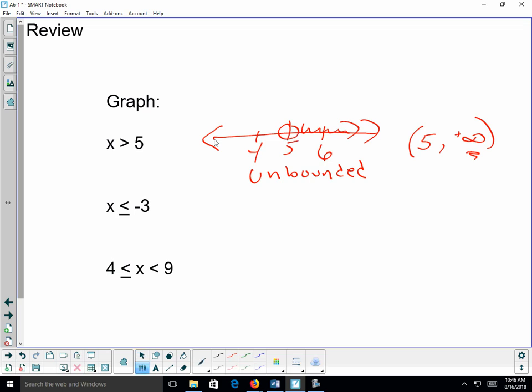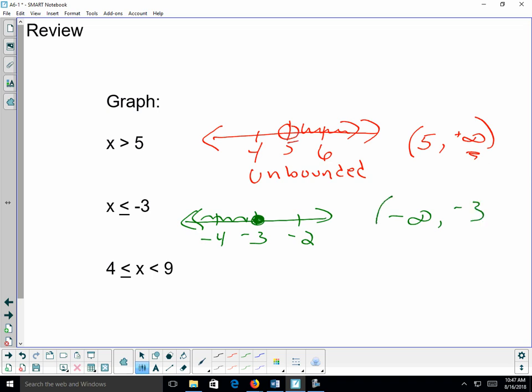Looking at the next one, I have x is less than or equal to -3. To graph it, I'm going to put the -3, one number to the left, one number to the right. Since it's less than or equal to, I'm going to have a closed circle on -3, and I want all the points to the left. Now to write it in interval notation, since it's continuing to the left without end, that's going to be negative infinity, and then my upper bound will be -3.